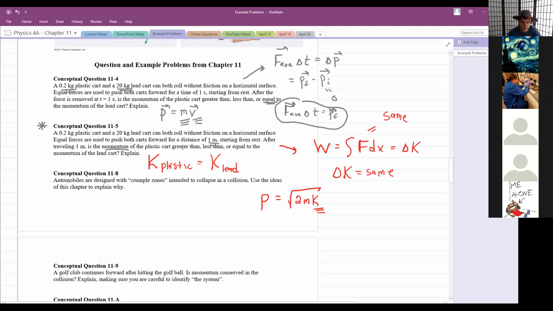In this case, the plastic cart is going to have less momentum. They're going to end up with the same kinetic energy because the same amount of work was done. But for two objects with the same kinetic energy and different masses, the one with the smaller mass is going to have less momentum.